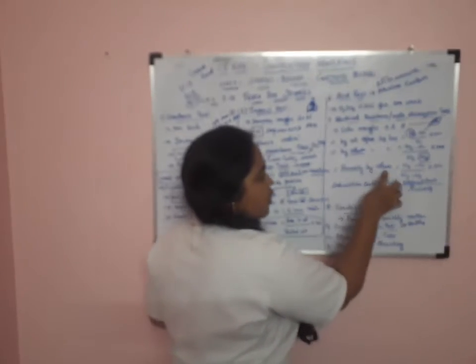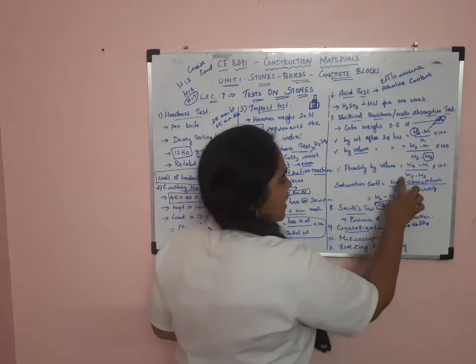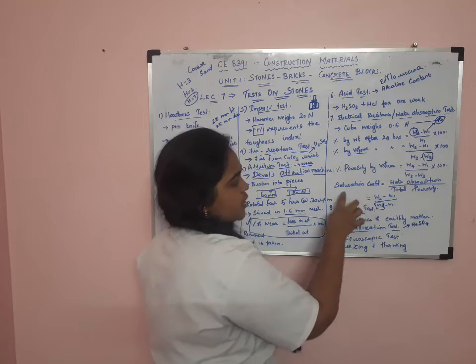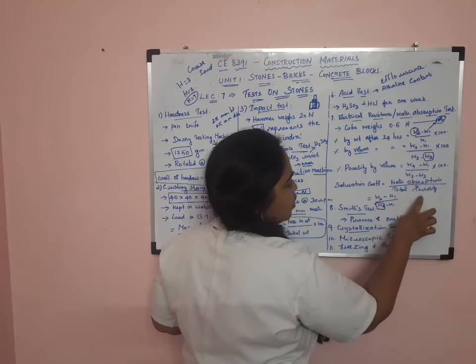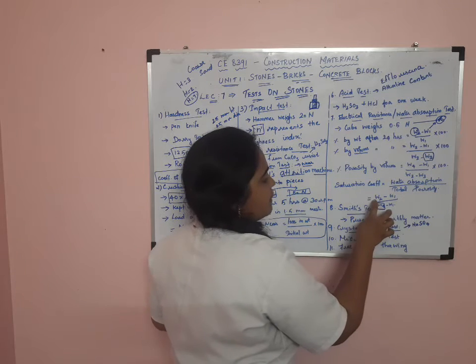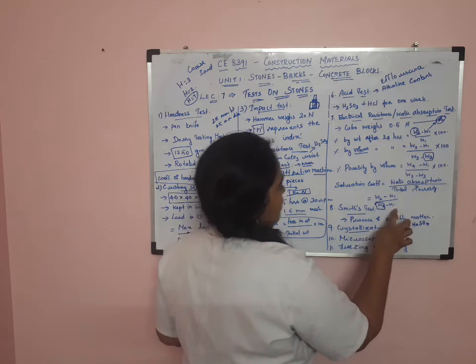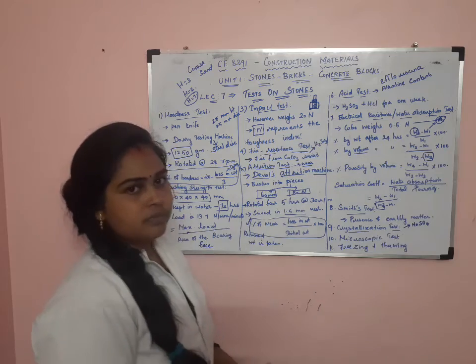Percentage porosity by volume is equal to (W4 minus W1) divided by (W2 minus W3) into 100. The saturation coefficient is equal to water absorption divided by total porosity, equal to (W2 minus W1) by (W4 minus W1). So this is about water absorption.